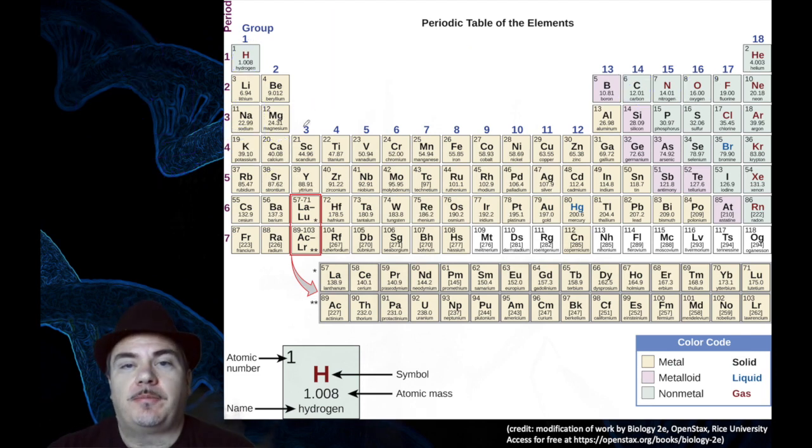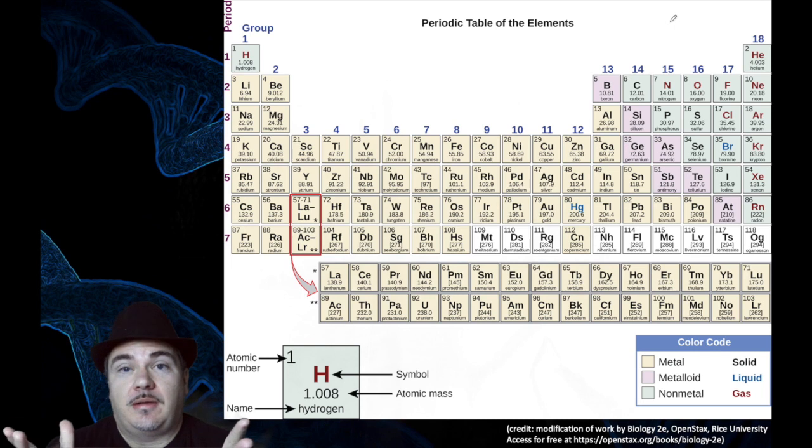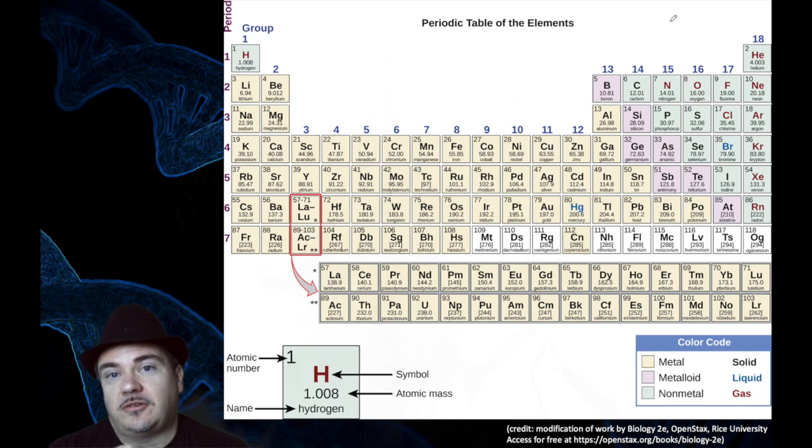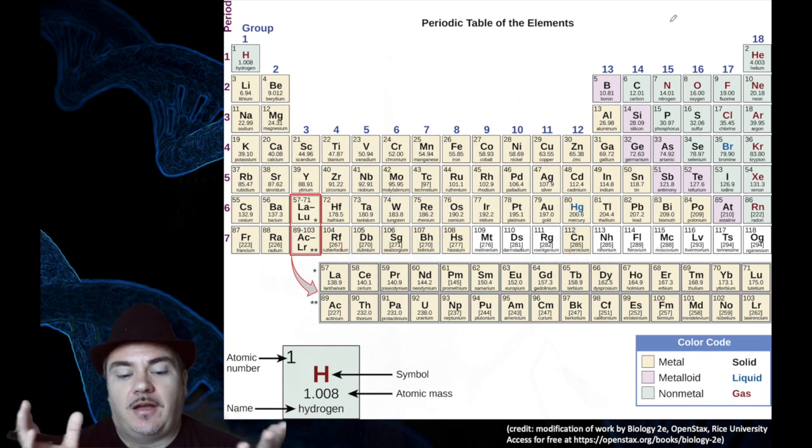Okay, so the next thing to know about the periodic table is how it's organized. If you look at it, it has a very distinct but kind of unusual shape. All right, so how is the periodic table organized? It's actually organized several different ways at the same time. The first way it's organized is based upon increasing atomic number. Now that one makes perfect logical sense, since the atomic number determines which element it is, like hydrogen is 1, carbon is 6, oxygen is 8. It makes sense to organize it based upon that atomic number. How's it organized?